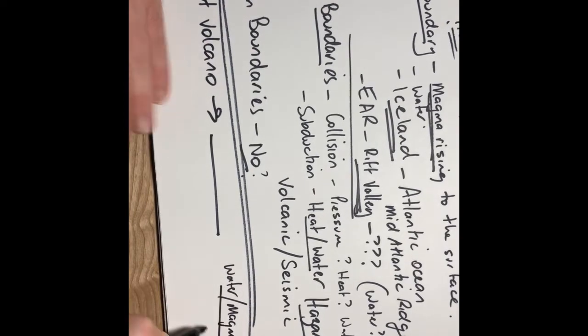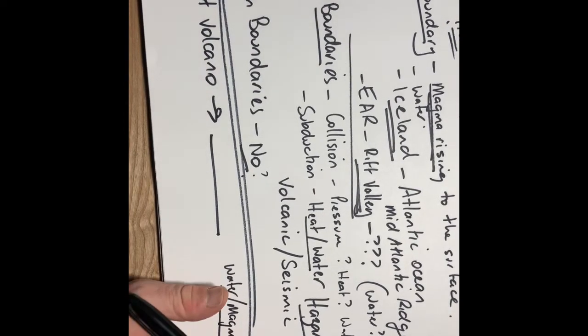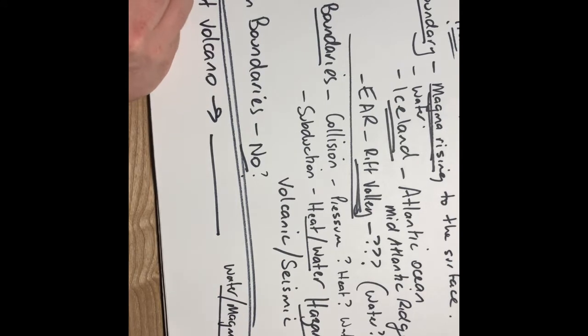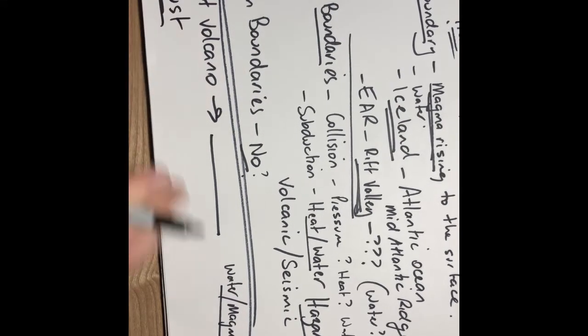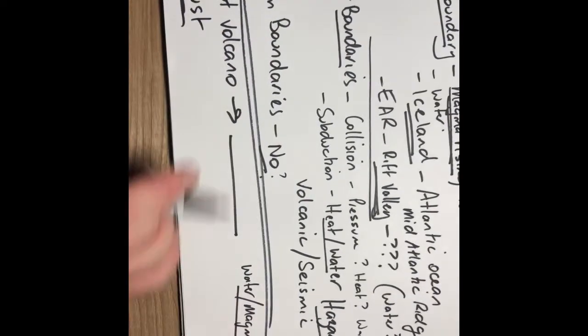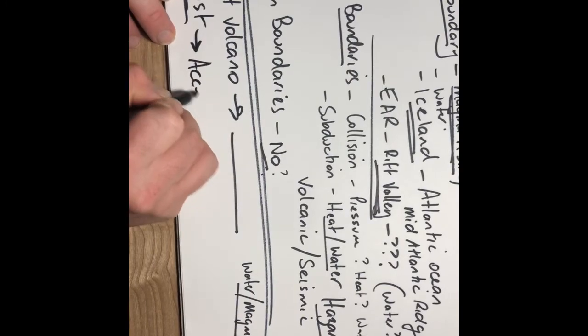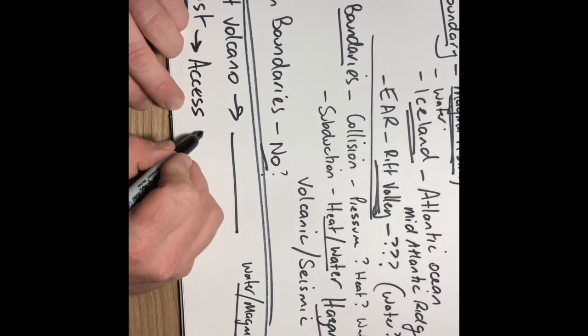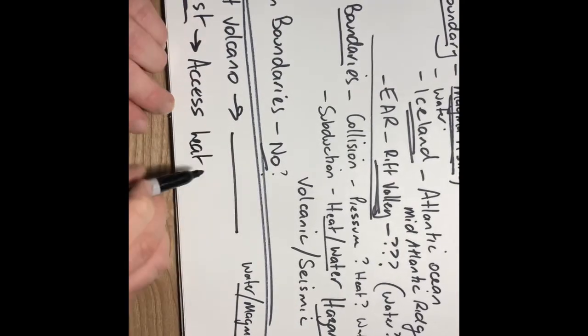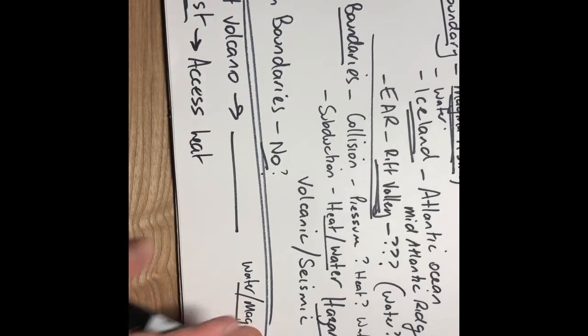Great, it's got it all. Also, anywhere where the crust is thin. So just like a delicious thin crust pizza, if we get thin crust, that allows us to access the heat. All right, so there's our locations.